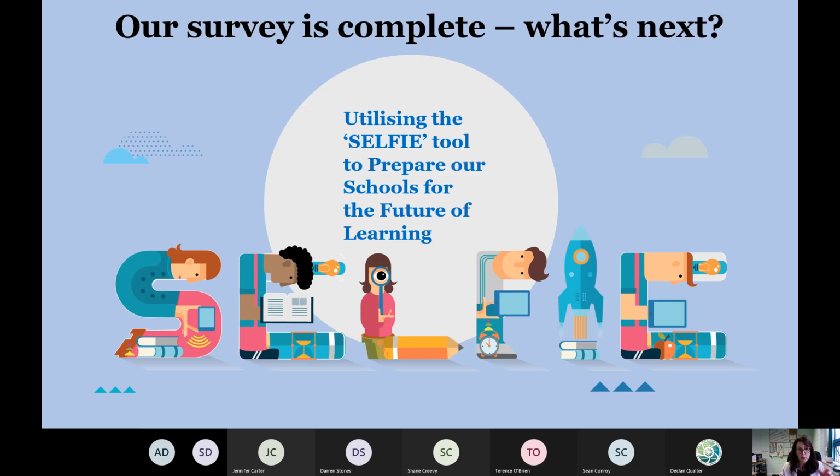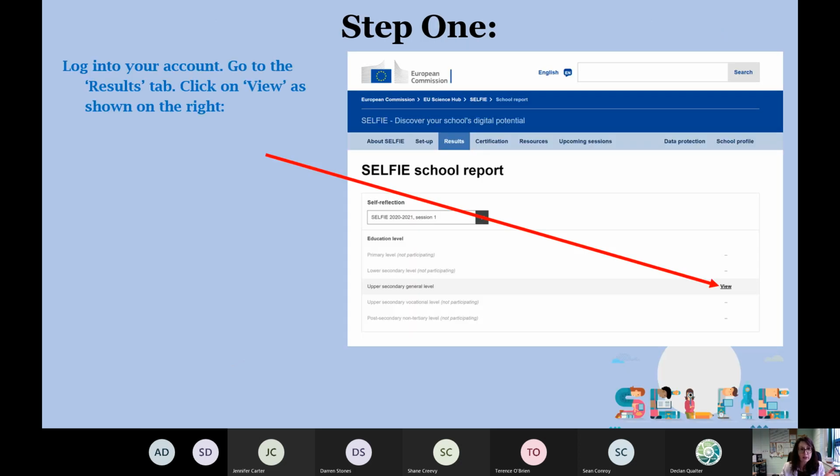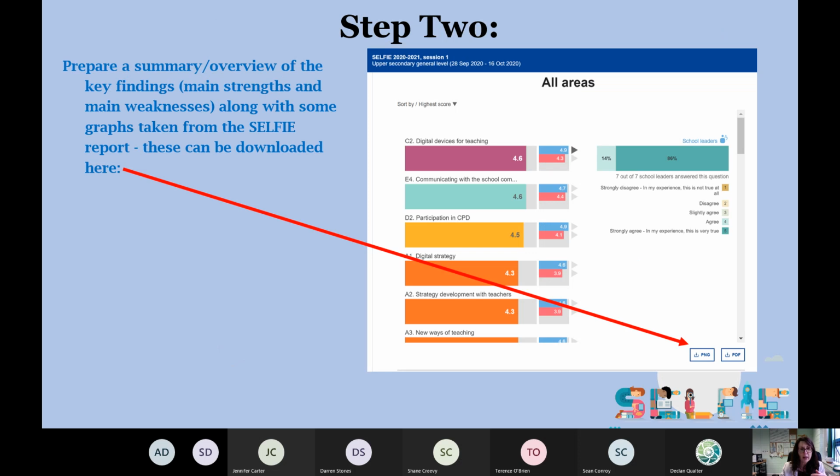Okay, so I'm moving on now. We've done our survey, we've got our results. What do I do next? So the first thing, obviously, you download it. And here, this is a screen grab of the lovely, colourful feedback of the levels within each of the competencies.